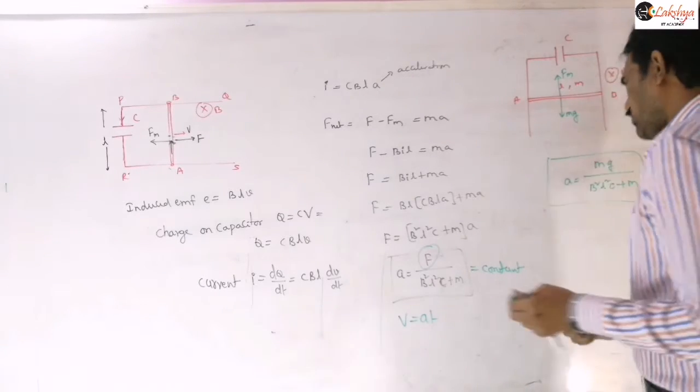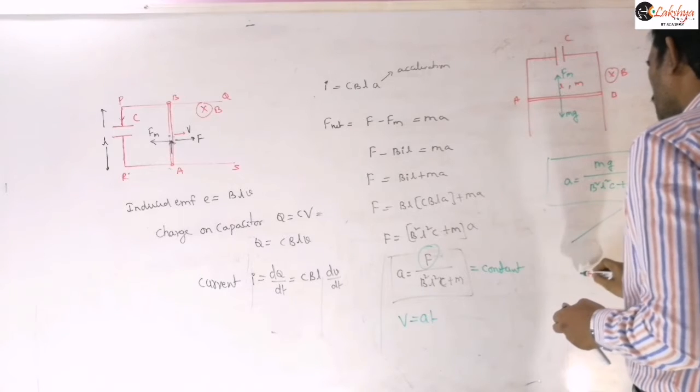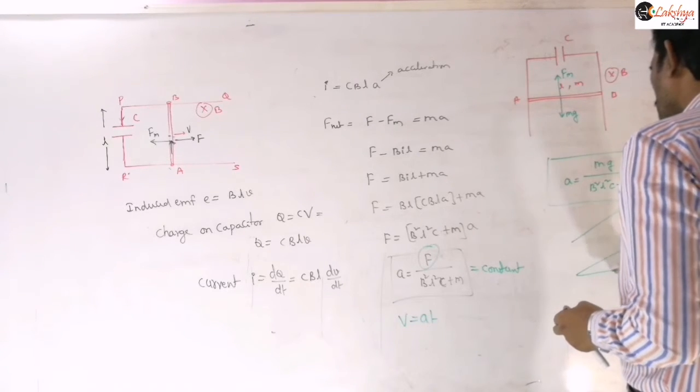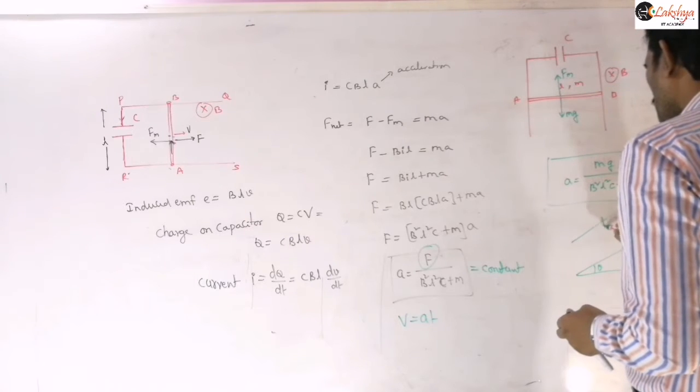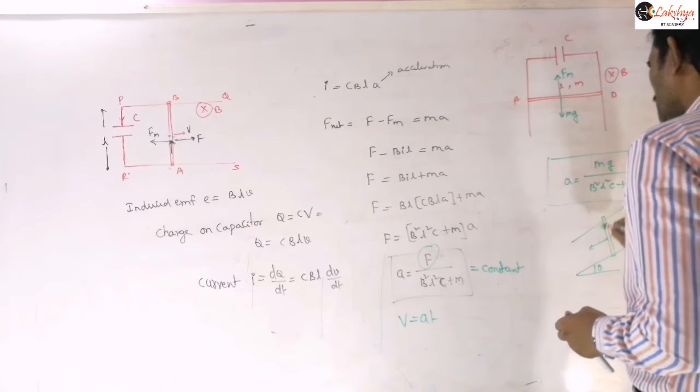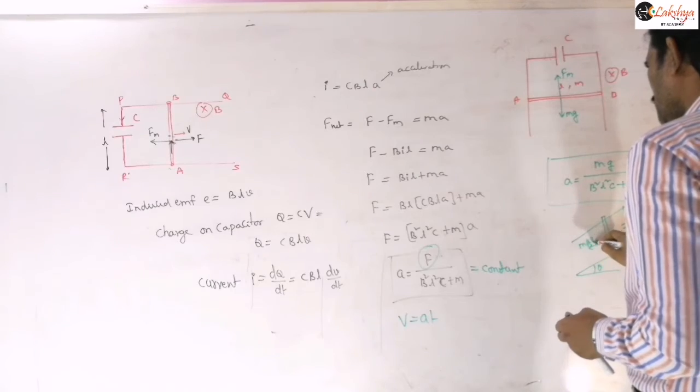And sometimes the same problem may be placed on the inclined plane here. That means two rails may be placed like this on an inclined plane. Now a rod AB is sliding here. This rod AB is released from rest. So then instead of this mg, now the force is mg sine theta we will get here.